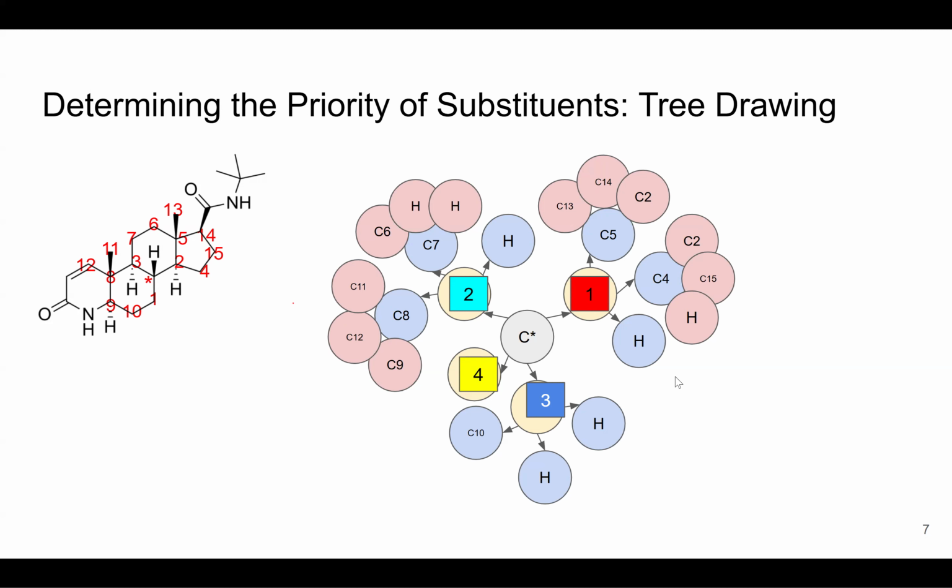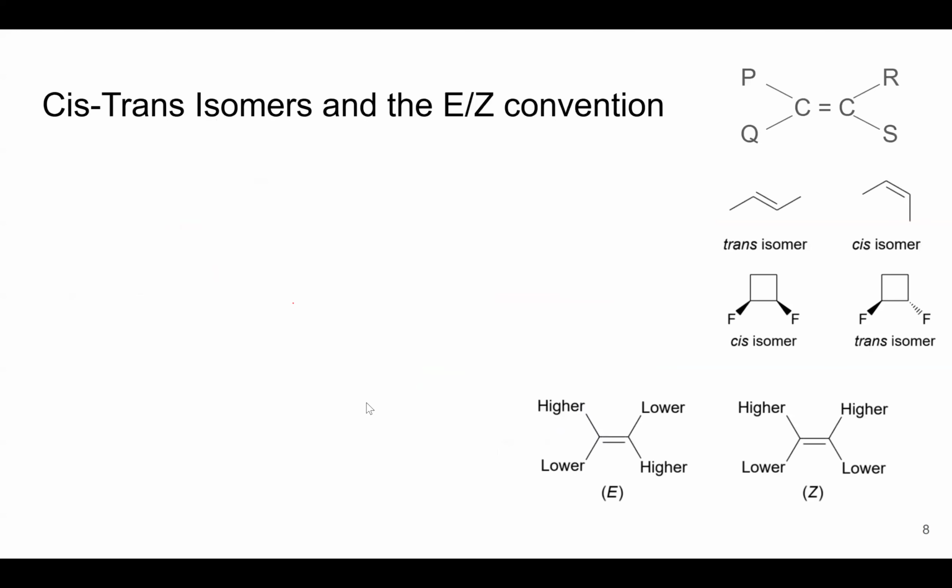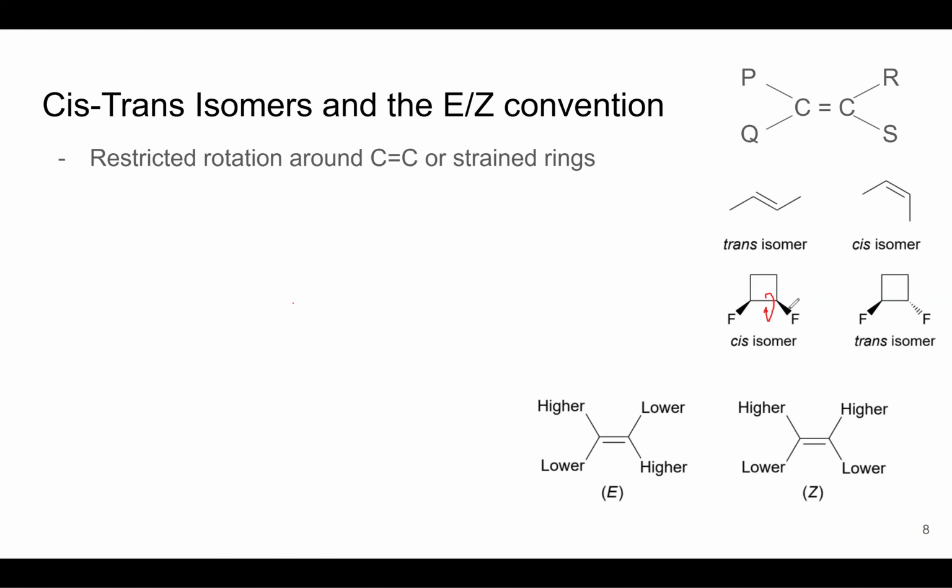But for now, let's just move on to the next part, which is cis-trans isomers and the E/Z convention. So again, cis-trans isomers arise out of restricted rotation around the C=C double bond or really strained rings. Just now I didn't talk about the strained rings part, but for this, you can't really turn this bond, even though it's a single bond, because the ring is so tight.